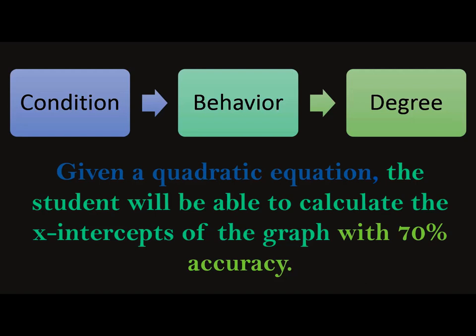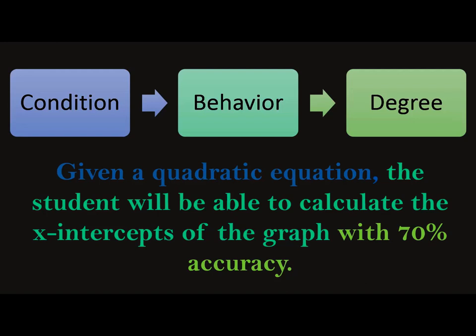That's our degree. I saw this a lot in developmental work that I did. We had a program called RTI, where students that were failing would be put in this program, and the objectives that we would write for those kids would follow this. We want them to be able to do this with 80% accuracy. Once they do it with 80% accuracy, then they move up to the next level in the program.